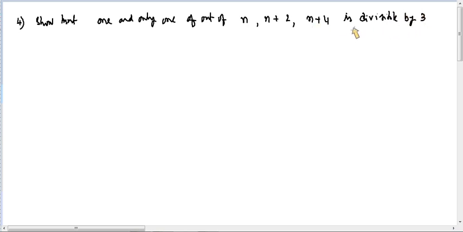Divisible by 3 means the remainder should be 0. So that means this is the divisor, where n is a positive integer.